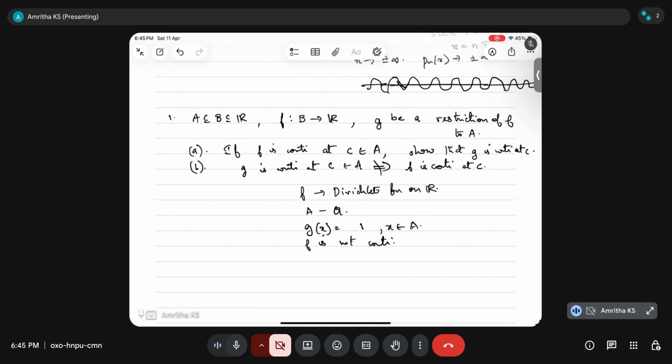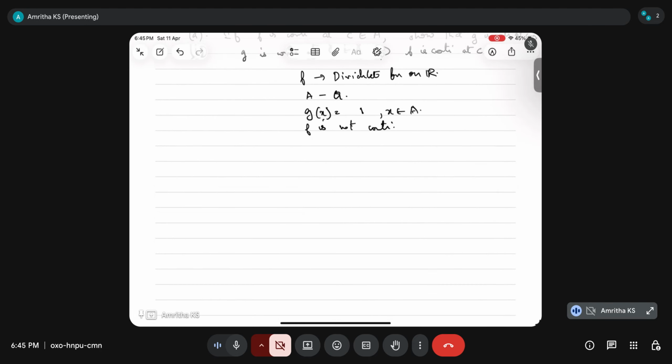Now let's see some examples related to Lipschitz continuity. Lipschitz functions. We know that Lipschitz implies continuity, right?